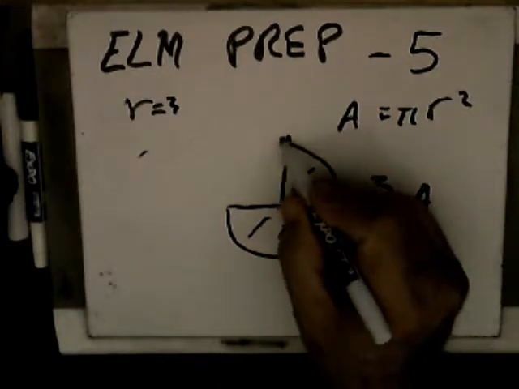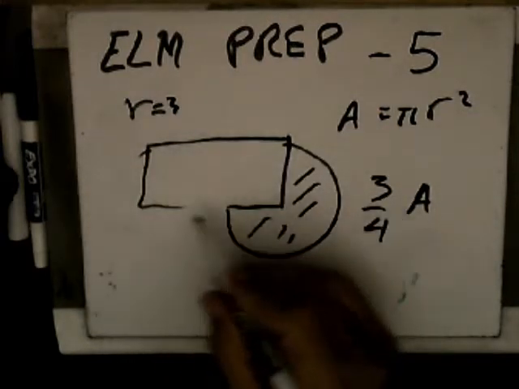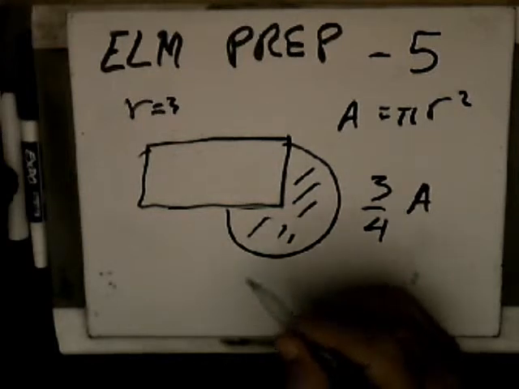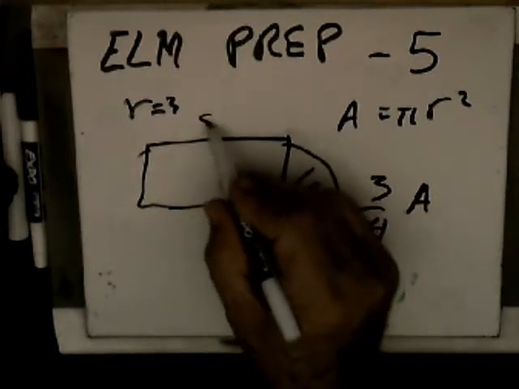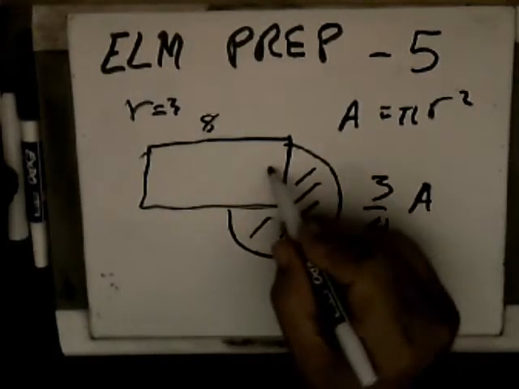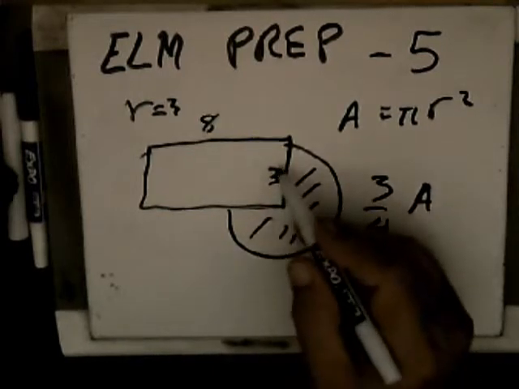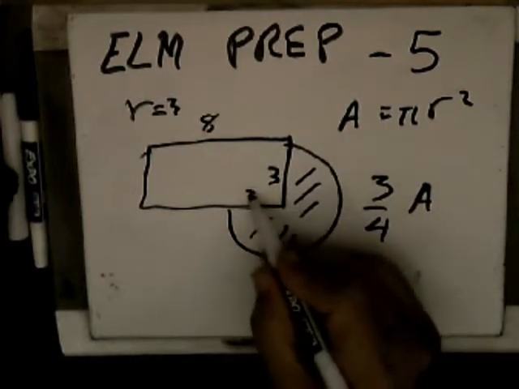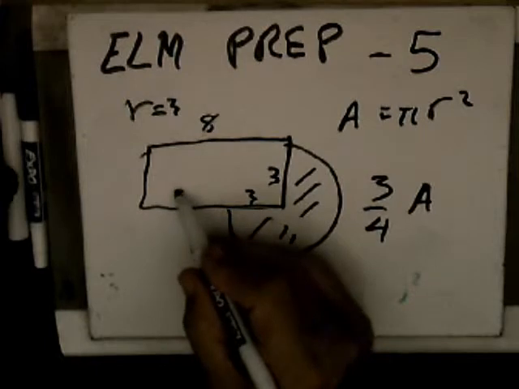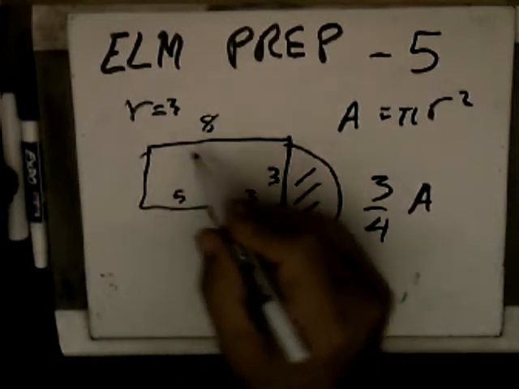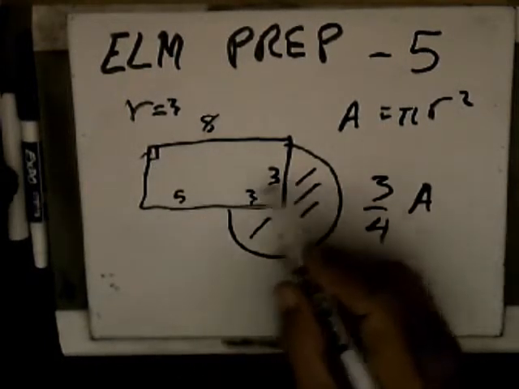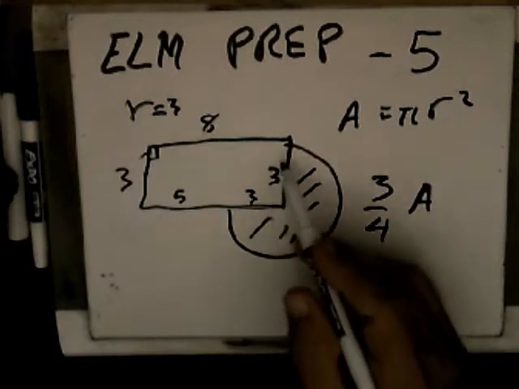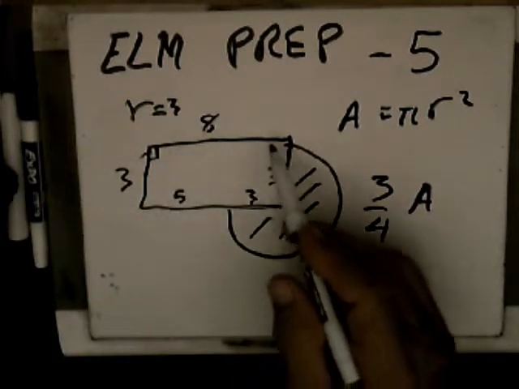Now if they threw something in out here like some kind of rectangle, and they would say the length of this is 8, and they would say the radius is 3. Well, if that's true, this is 3 and this is 3, and then this part would be 5 because this is a rectangle, and this would be 3 over here. I would then add that perimeter or area.